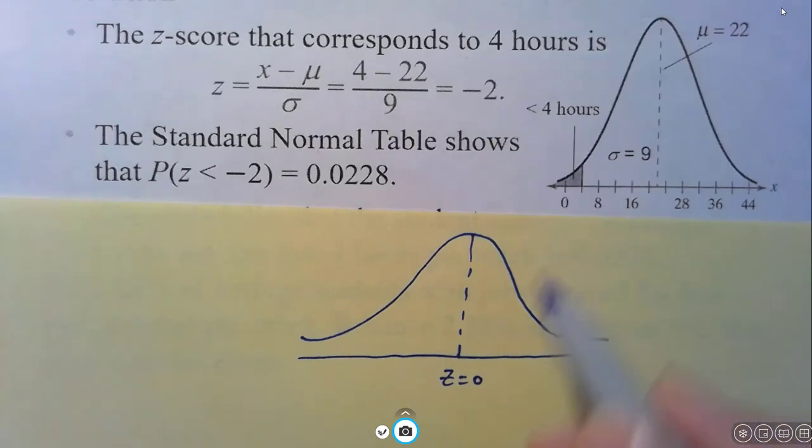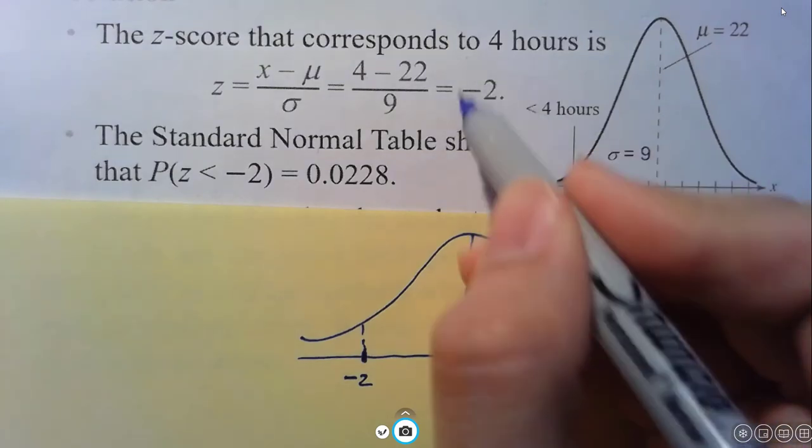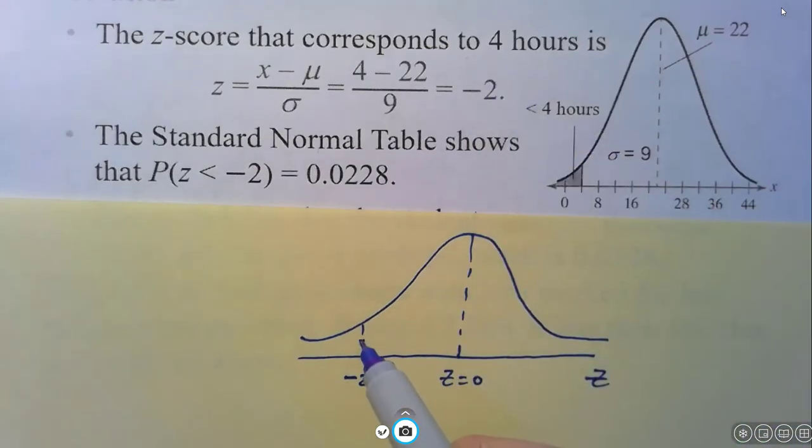When we are looking for less than 4 hours, the limit right here has the z-score of minus 2 because we are on the z-scale. So minus 2 is the limit that we are looking for, and it is right here.